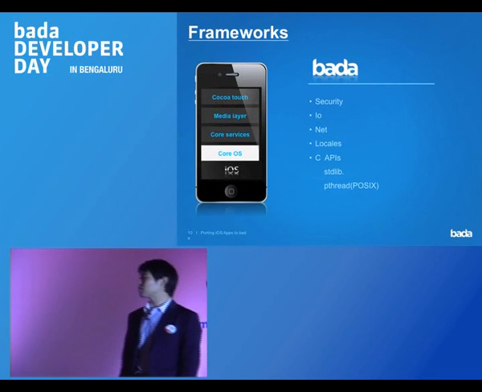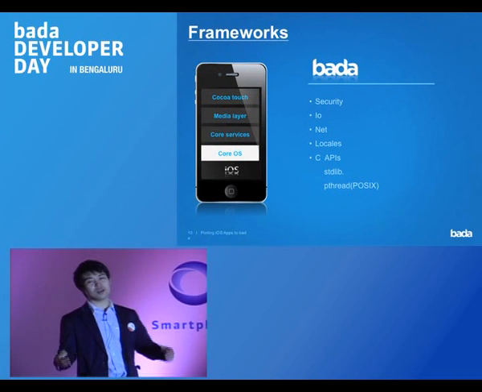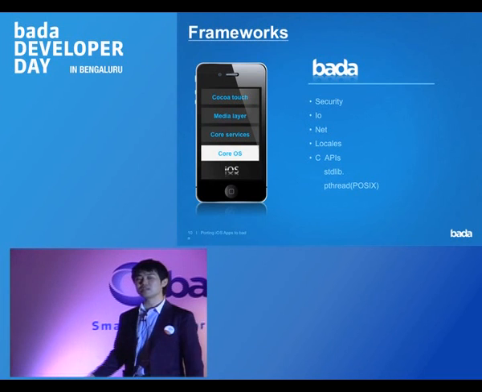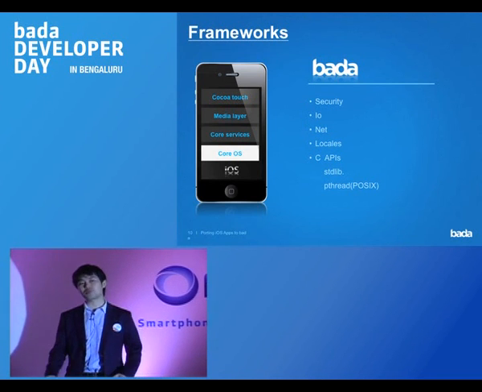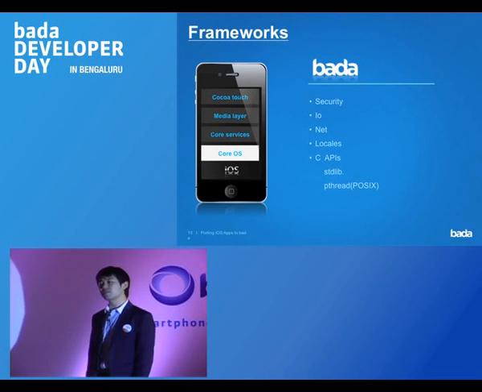How about the bada frameworks? We have namespaces, not actually organized like 4 layers like iOS, but most of the features are covered, spread across the namespaces. It seems different, but the features are covered.